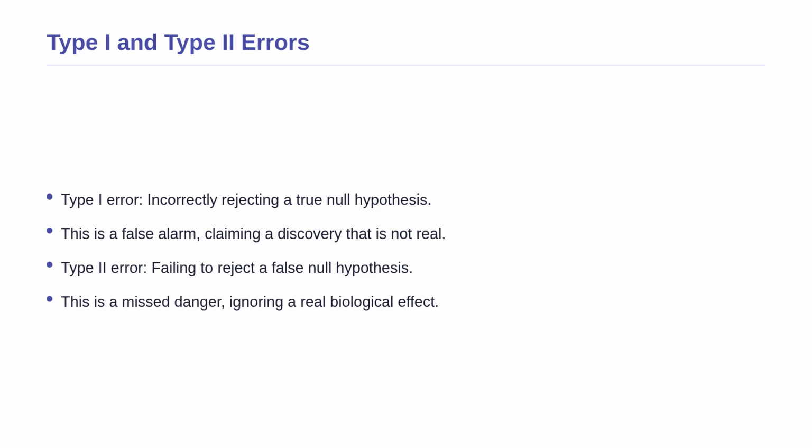Conversely, a type 2 error occurs when we fail to reject a false null hypothesis. This means we miss a real biological effect that was right in front of us, our missed danger. Imagine a pharmaceutical company testing a cancer drug. A type 1 error approves a useless drug, wasting billions, while a type 2 error abandons a genuine cure.